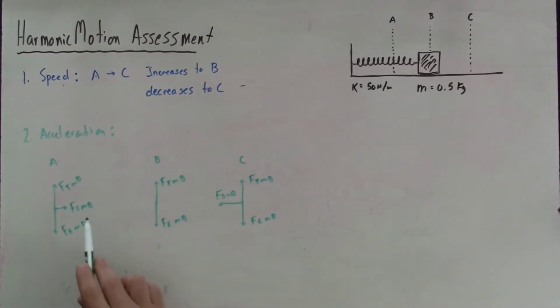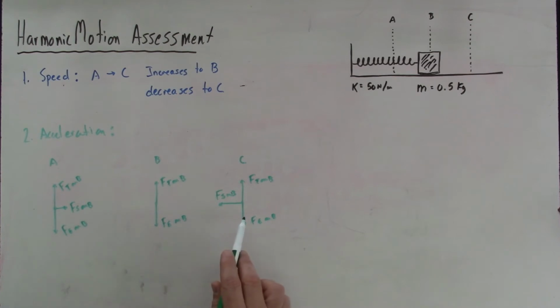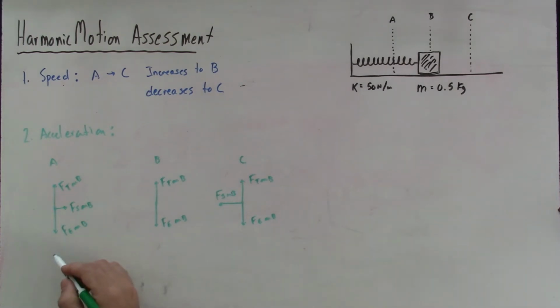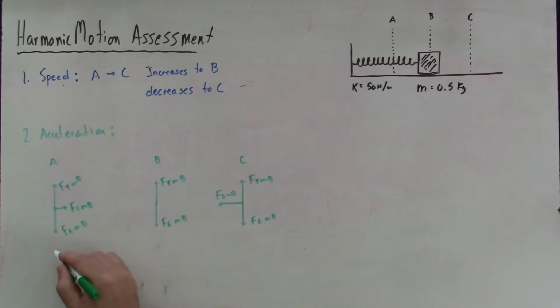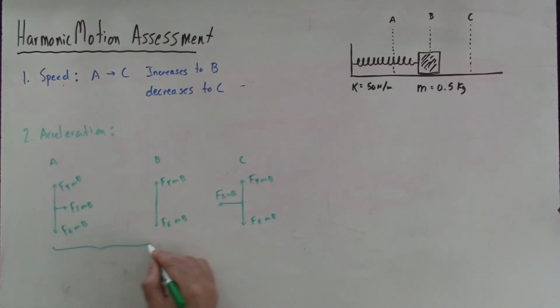So when I look at this, what we're seeing is that when it's at A, it has a large acceleration. When it's at B, it has 0 acceleration. And when it's at C, it has large acceleration again, although this time in the opposite direction. So the question says, what happens to the acceleration as the block moves from A to C? Here it's large, so it decreases here and then increases here.